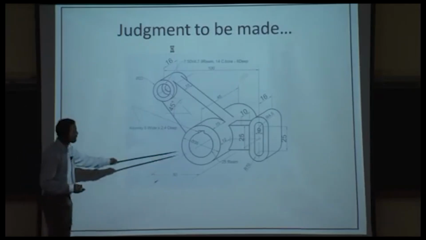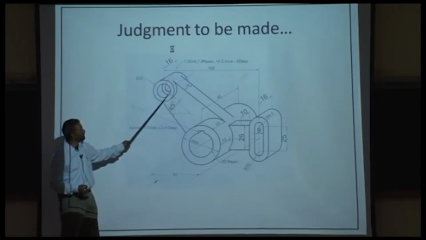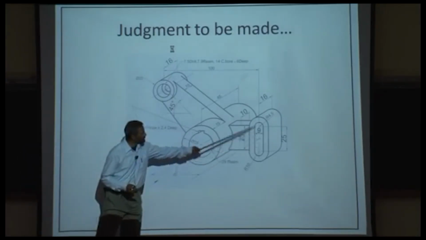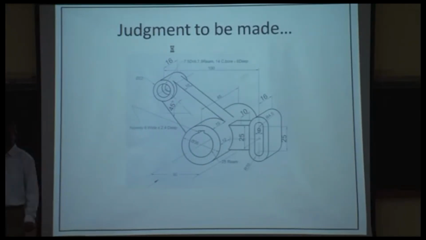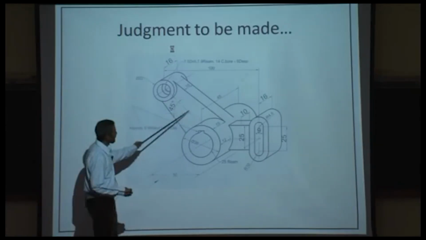So you have a big cylindrical feature over here, a small cylindrical feature over here, and this feature on the right, and these three features are connected by this guy here and this guy here.